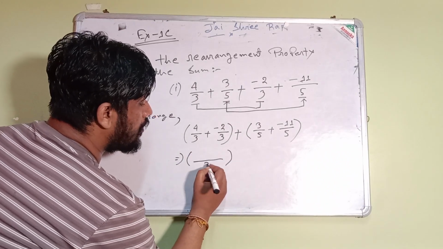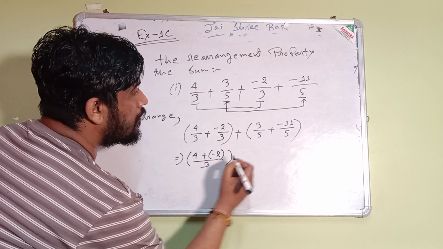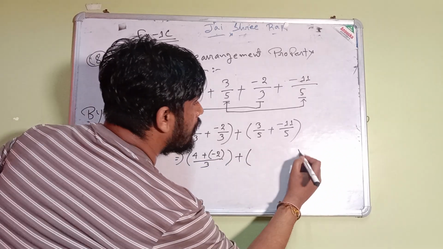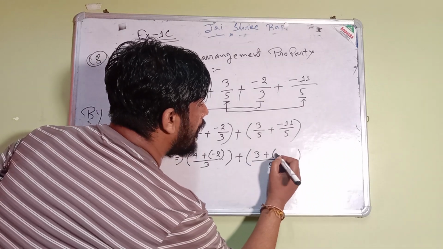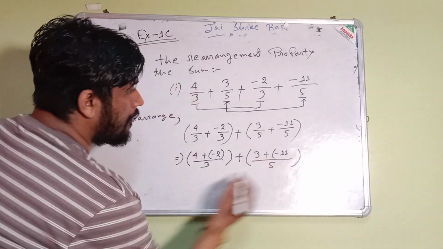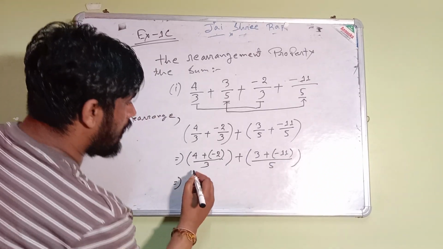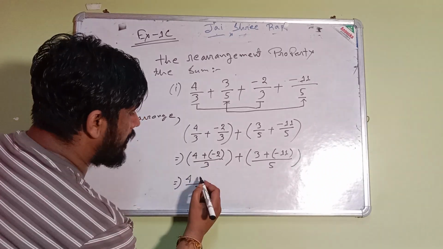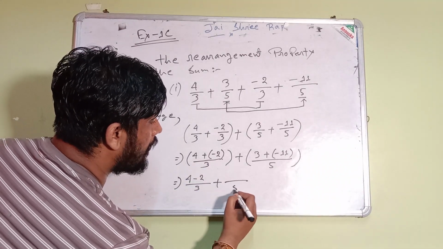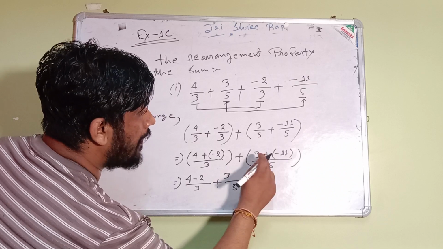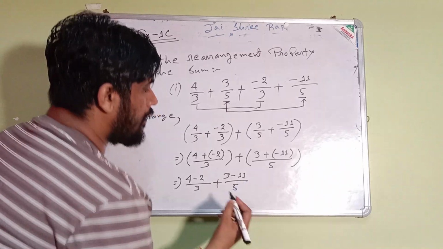LCM of 3 and 3 is 3: (4 plus (-2))/3, plus, then 5 is the LCM: (3 plus (-11))/5. Next, that is (4 - 2)/3 plus (3 - 11)/5.